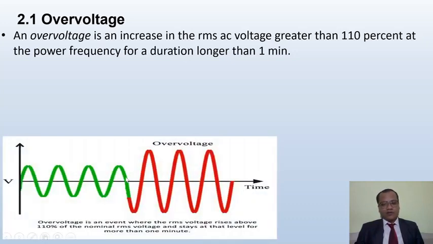From this diagram it is clear that the green part indicates the normal waveform of the voltage, and when this voltage rises from its 100% value to above 110% for a duration longer than 1 minute, such events are called over voltages.